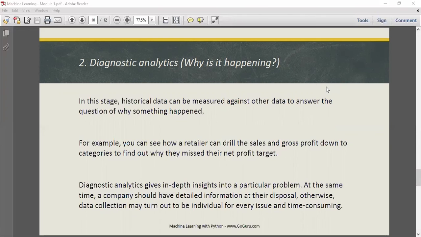For example, just like what we did in the what is happening, the why could be answering our questions like the reason why our bike model sales was down is our competitor released a model that is better compared to our model, and it also includes a 3-year service. So that could be the reason why our bike model sales was down.